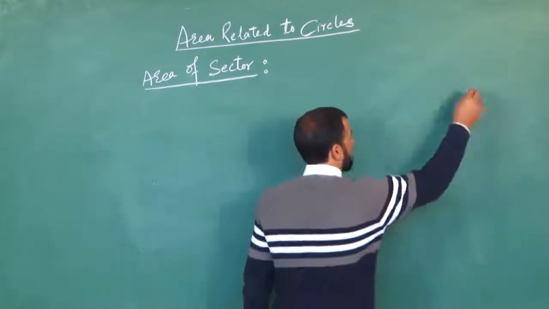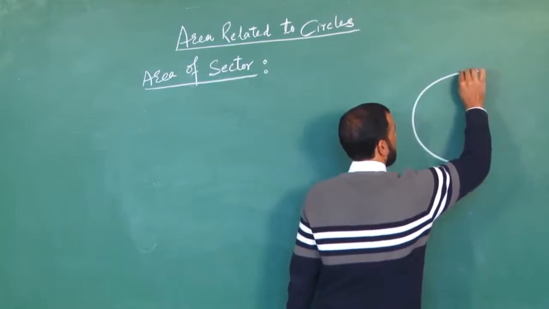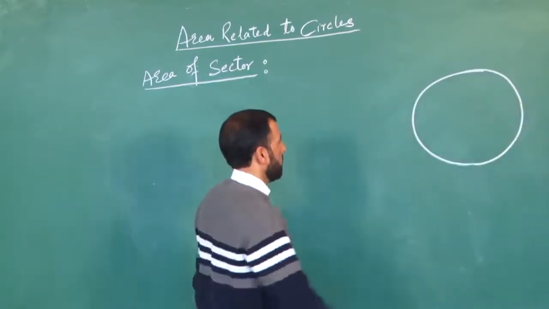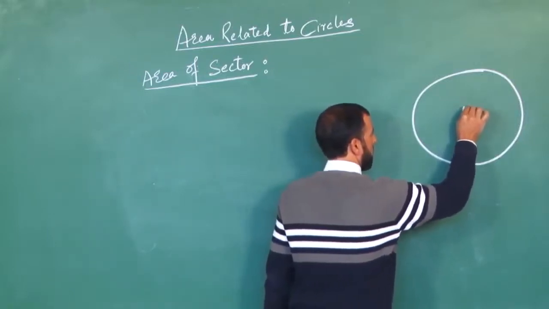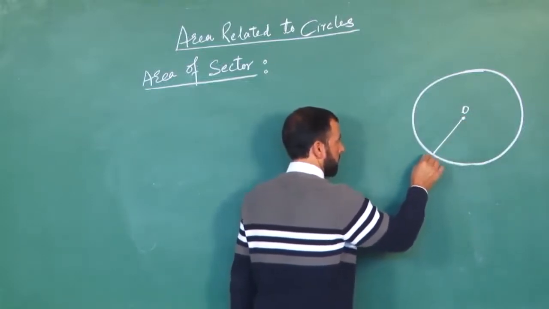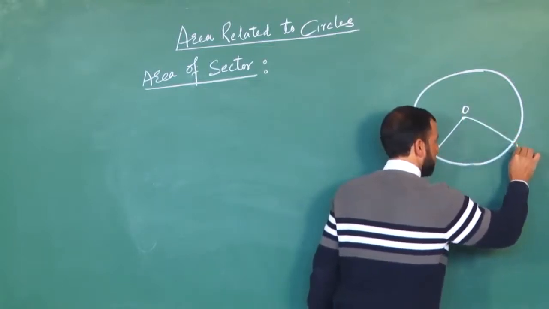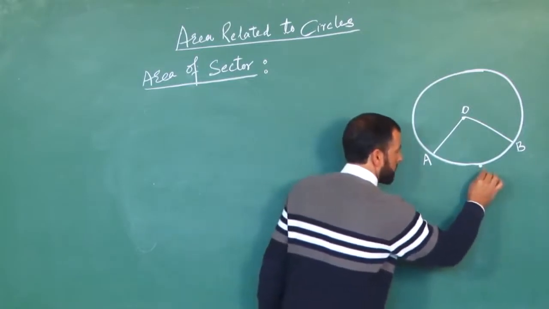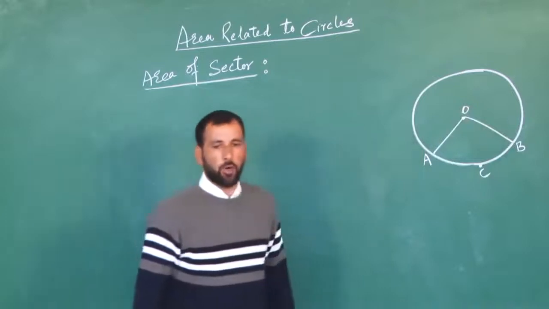Means if we draw a circle here and take the center as O and draw two radii, let them be OA and OB, and we take this point C here, then OACB is a sector of a circle.